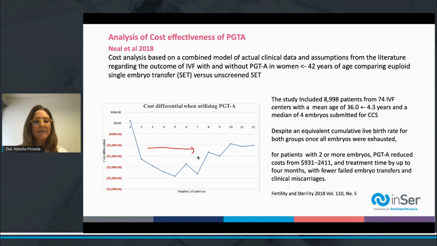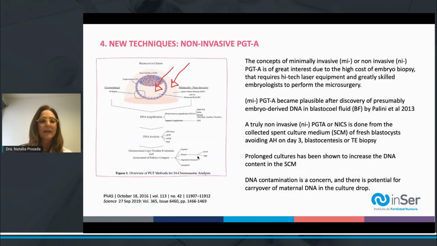And this was more evident between 2 and 7 blastocysts for analysis. The group with the PGTA achieved a delivery with fewer embryo transfers and had fewer miscarriages than the control group.